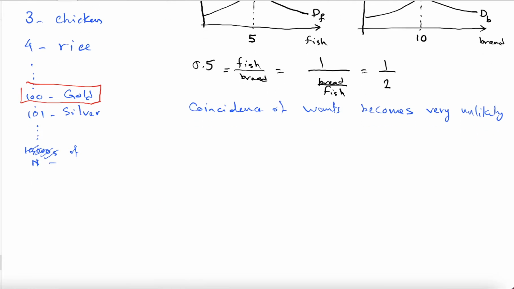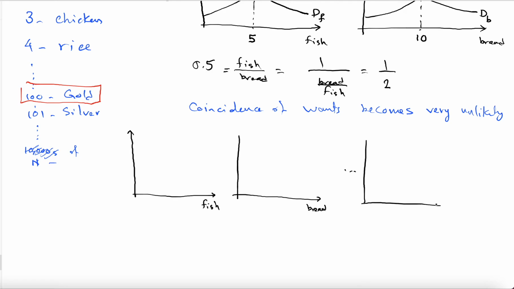So then we actually have a market for fish, a market for bread, a market for rice, etc., etc. And the vertical axis is going to be fish per gold and bread per gold and rice per gold, and this goes on and on.